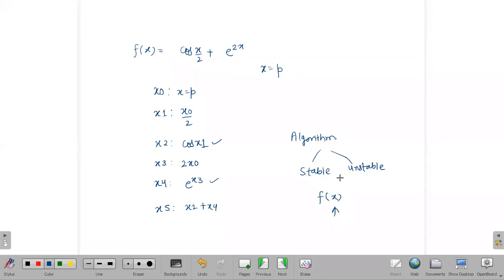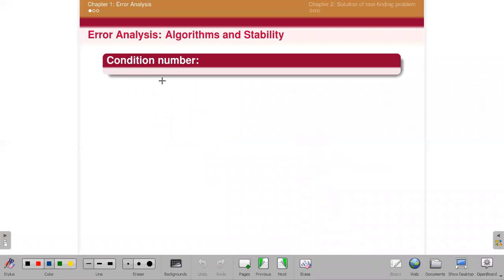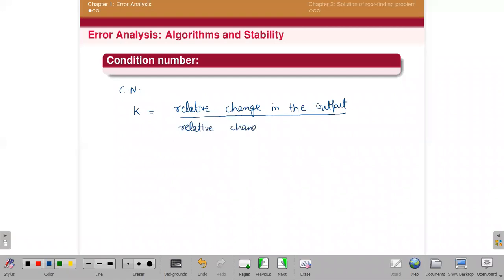So to check the stability and instability and that criterion, we have one term here, that is the condition number. The condition number we have already discussed is usually denoted by kappa, or you can write k also. It is the relative change in the output divided by the relative change in the input.